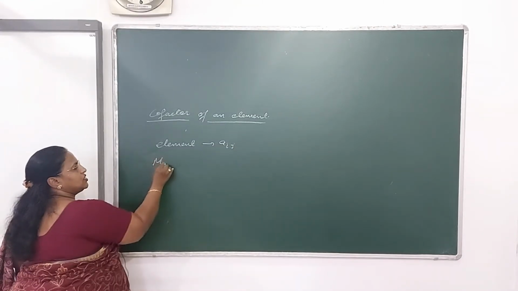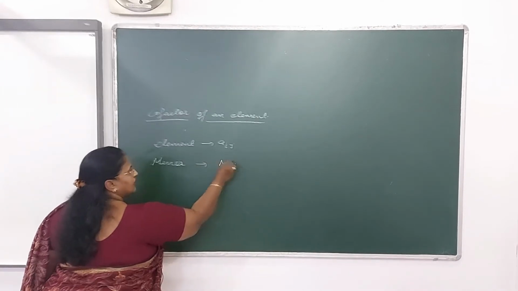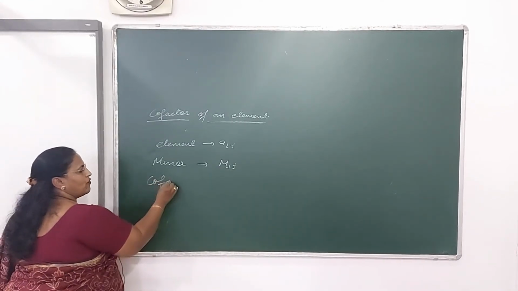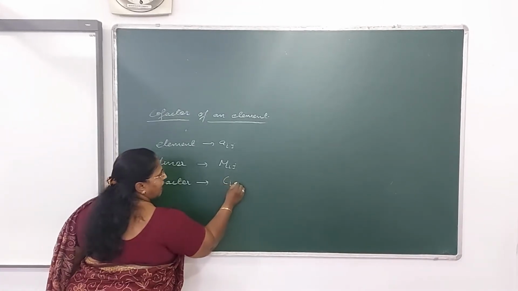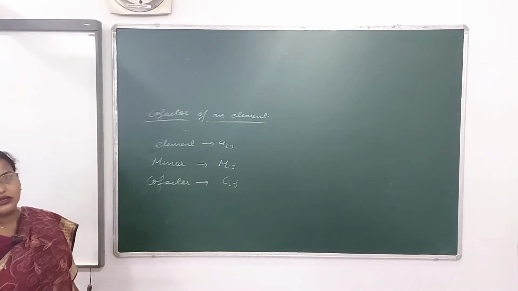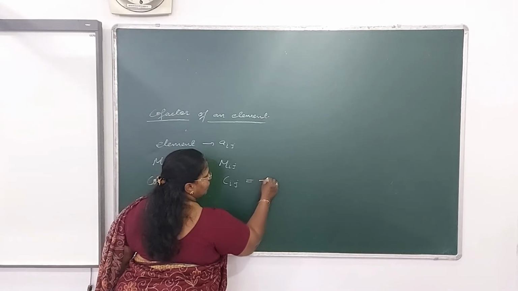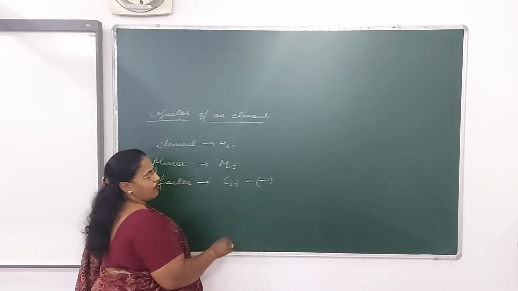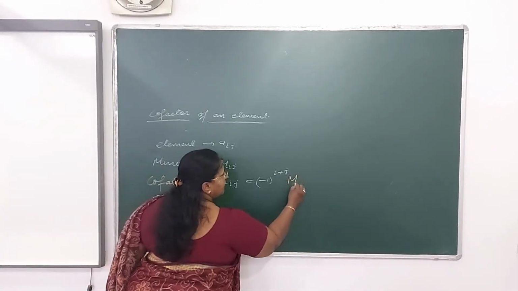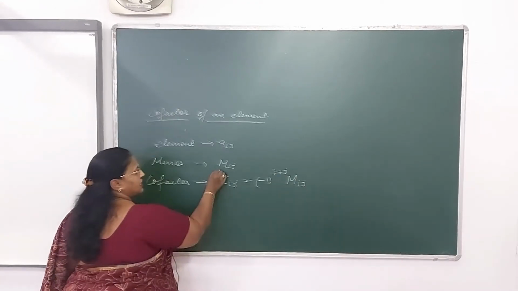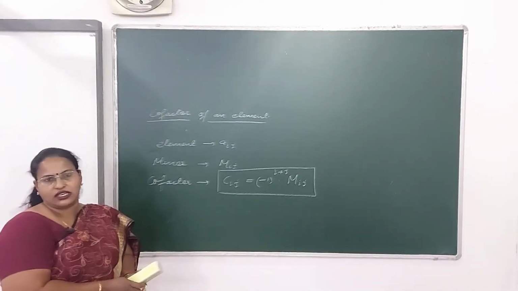Its minor is denoted by Mij. What about the cofactor then? Cofactor of an element is denoted by Cij. Now there is a proper formula for this. Cij is equal to minus 1 to the power i plus j into Mij. This is the formula for finding out Cij.